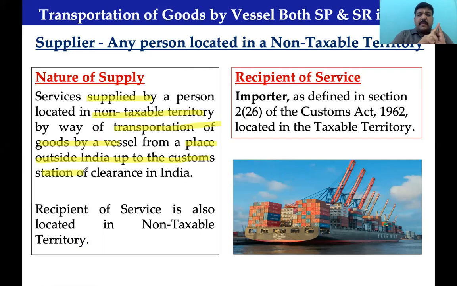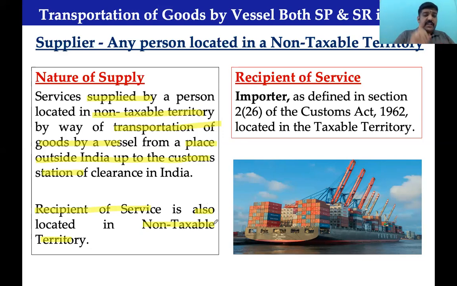Supplier of service by a person located in non-taxable territory. Transportation of goods from a place outside India to India. Recipient of service is also located in non-taxable territory, which means supplier outside India, recipient of service outside India.